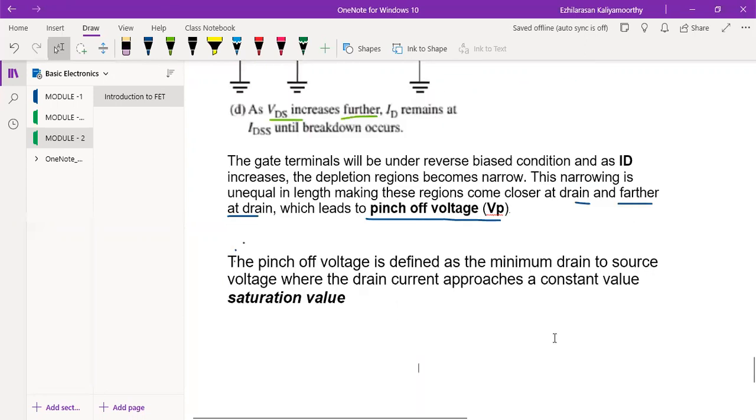That is only what we call the pinch-off voltage, VP.